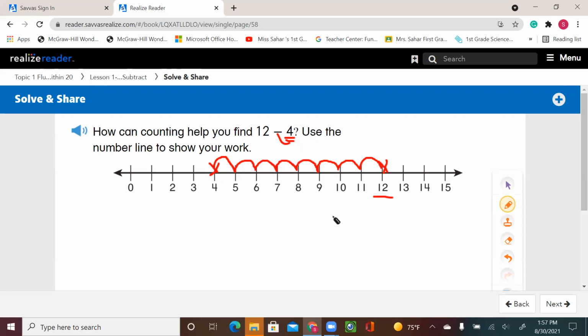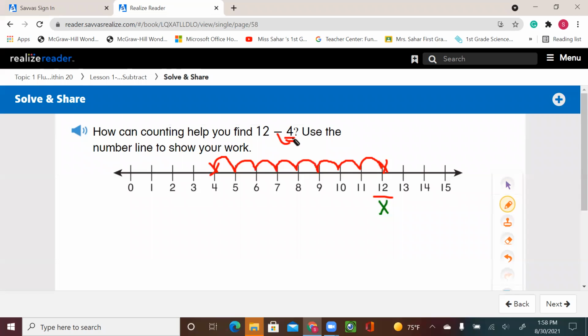All right, what if I'm gonna use my count back? Let me use a different color. Count back, it's the opposite. We said count on, we're gonna count after the lesser number. Now, count back, we're gonna start from our big number, and we're gonna jump or go backward steps.